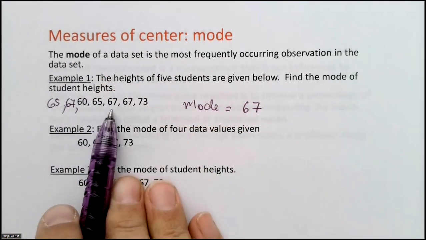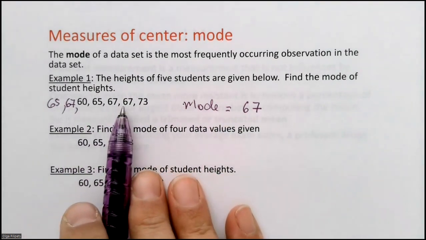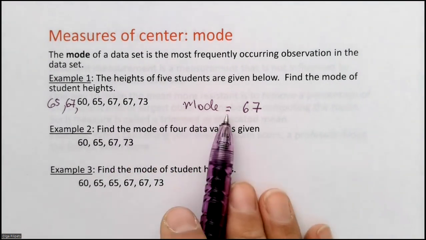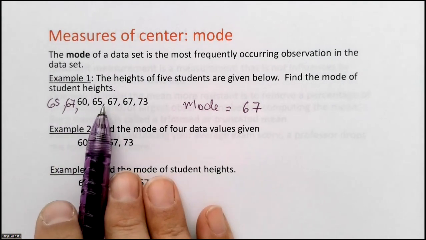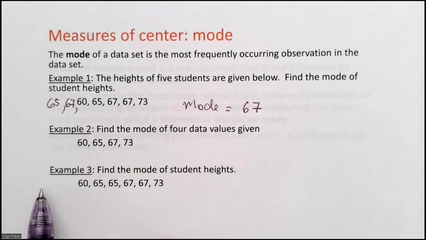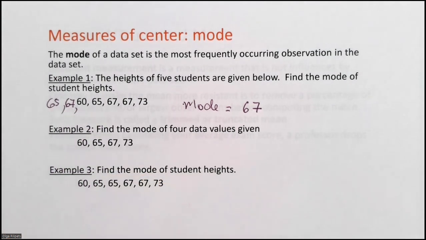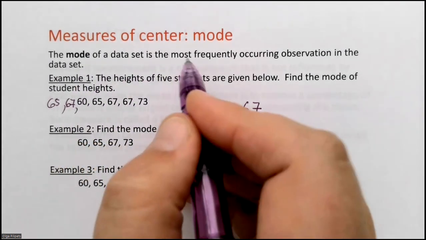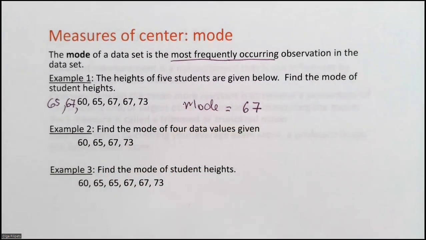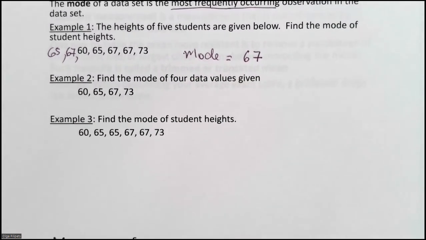Now 67 again is the most frequent value. So this data set will have only one mode, which is 67, because it occurs more than 65, even though 65 occurs a few times as well. So the mode is the most frequently occurring observation, more than others. Others could repeat as well, but the one that repeats the most is our mode.